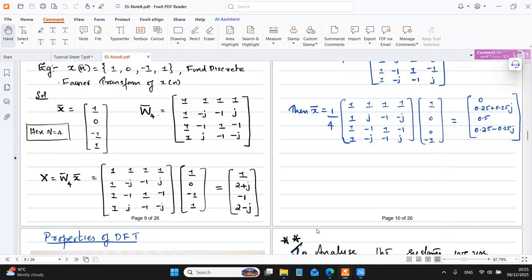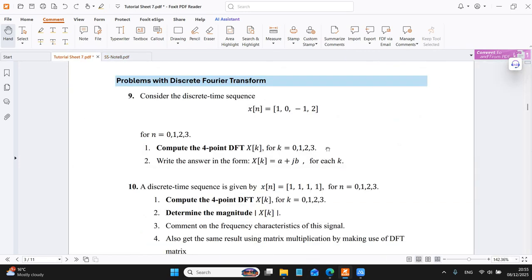By using this idea, I will show you how to solve this. Now I have first defined the DFT matrix, and in this problem I need to calculate only the DFT and write the answer in this form. You will get the answer in the same form anyway.